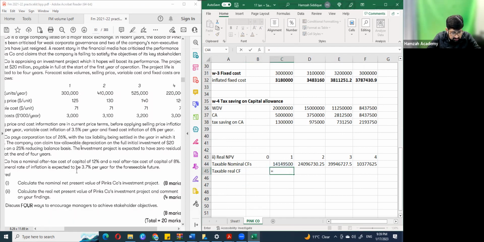What is the general rate? 3.7%. This into 1.037 raised to power minus. This will become a real cash flow. Taxable real cash flow.